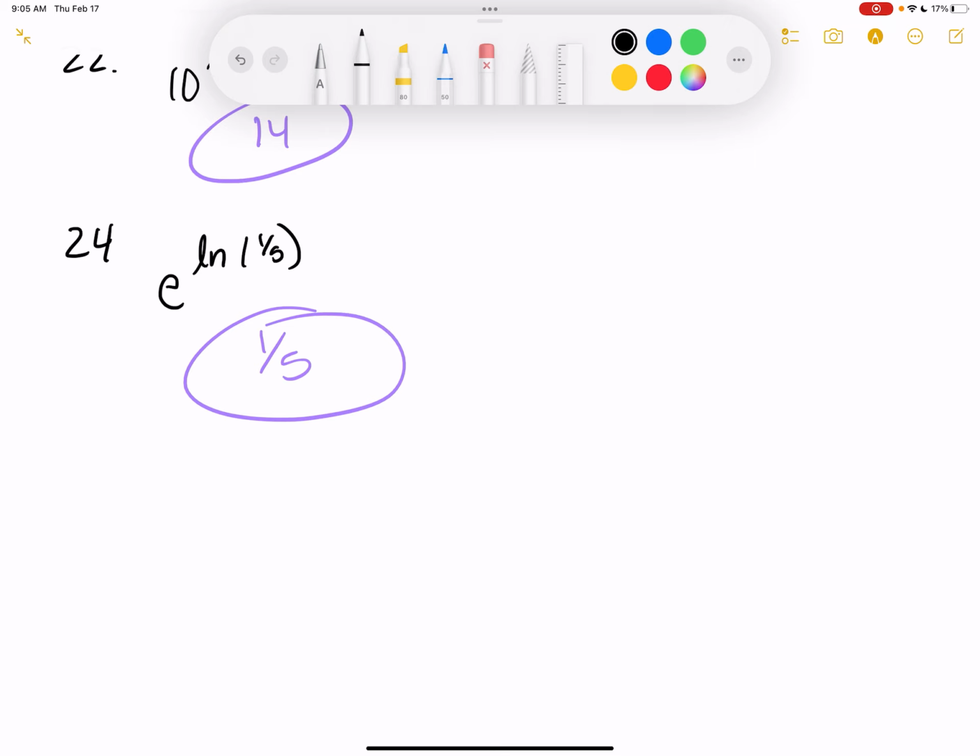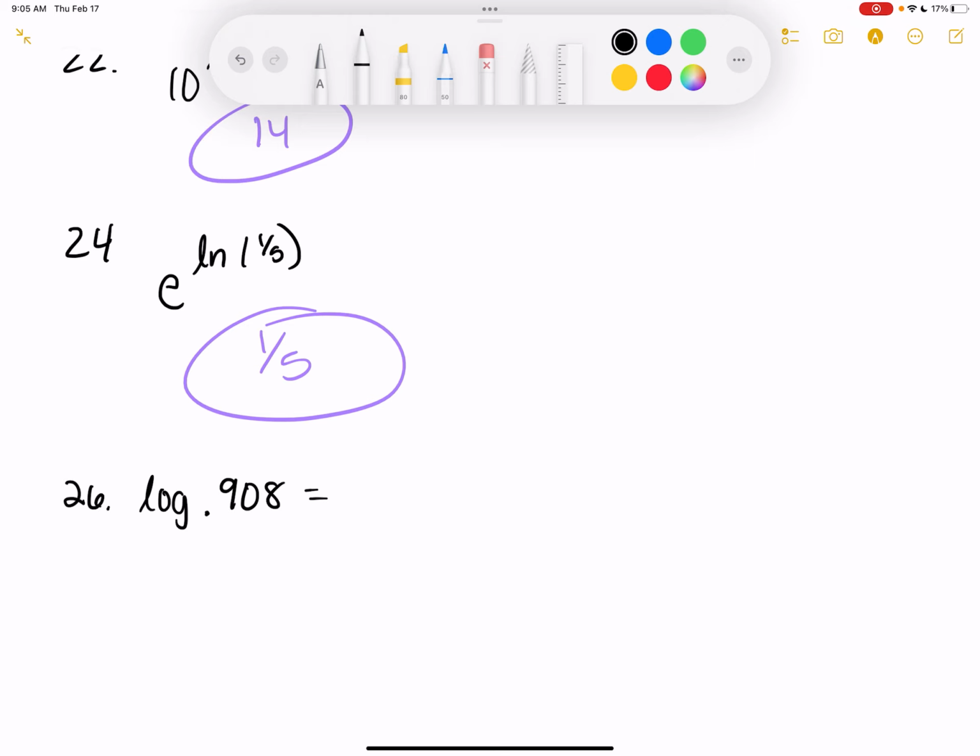All right. So next one, it says to use the calculator to evaluate the expression if it's defined. And then it says to check it by evaluating the corresponding expression. Don't worry about that part. Just use the calculator. 26. The log of 0.908.